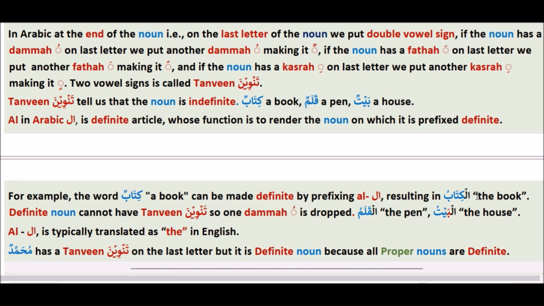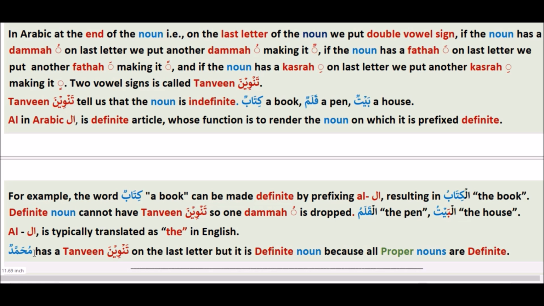It is a definite book. A definite noun cannot have tanween. So 1 Dhamma has to be dropped. So it will be al-qalamu, the pen, al-baytu, the house. The tanween is gone, alif lam is added, and ta has the single Dhamma. And al in Arabic is normally translated as the.